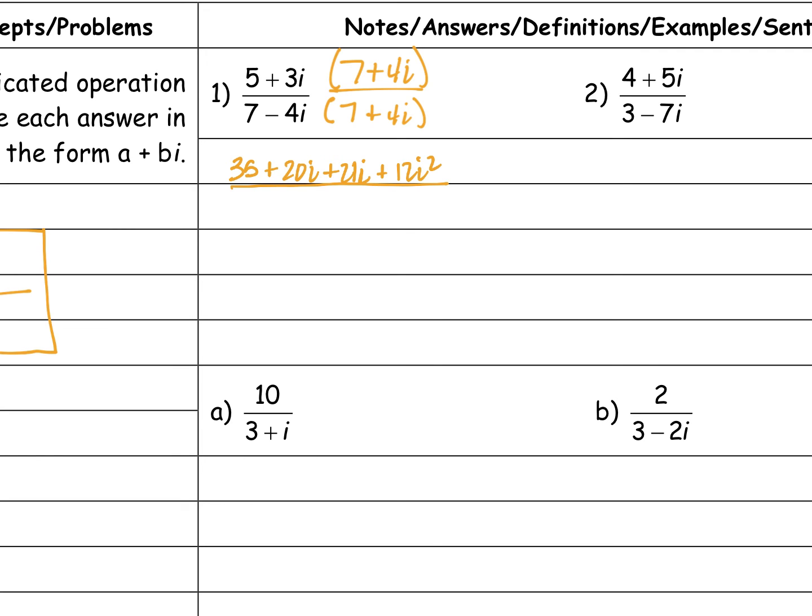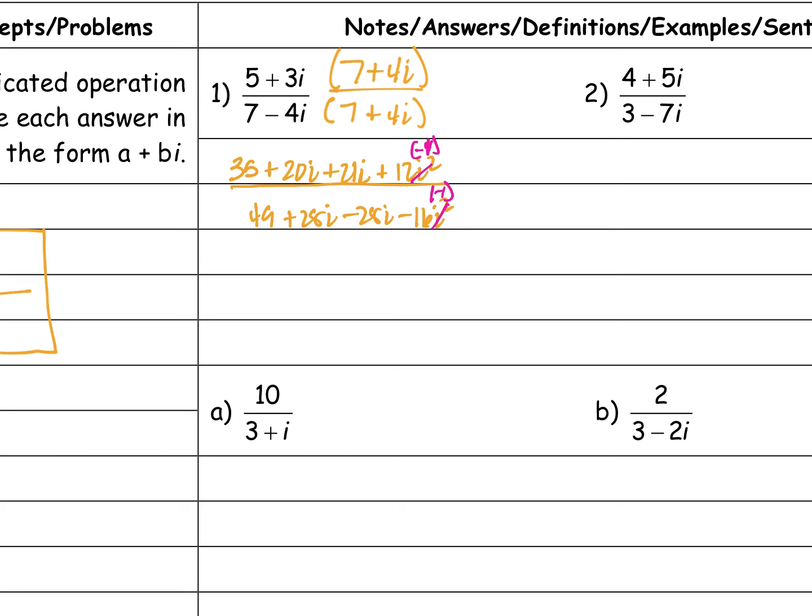And on the bottom, we should get 49 plus 28i minus 28i minus 16i squared. Whew, that's a lot. The i squared becomes a negative 1, and I wrote negative 4, and that becomes a negative 1.